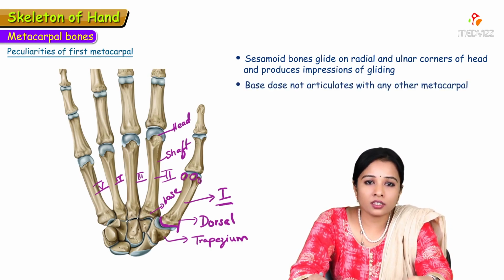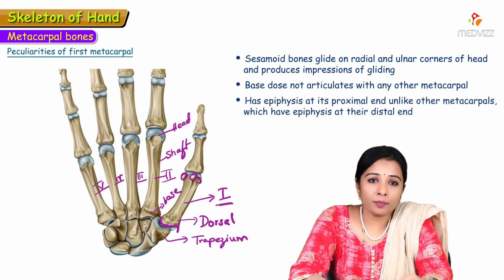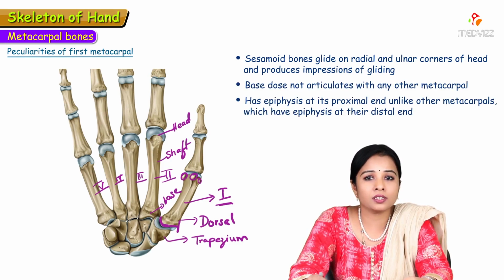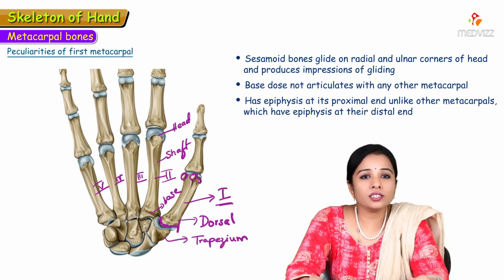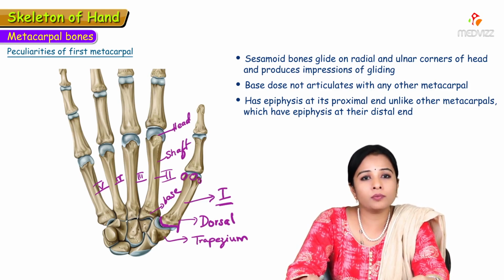Its base does not articulate with any other metacarpal. It has an epiphysis at its proximal end, unlike other metacarpals which have epiphysis only on the distal end. So these are some of the peculiarities of the first metacarpal bone.